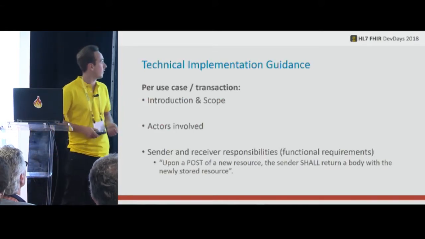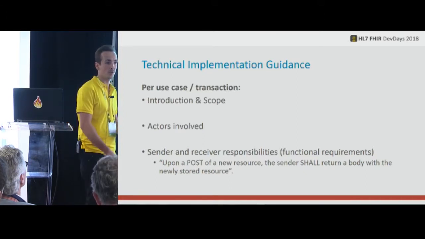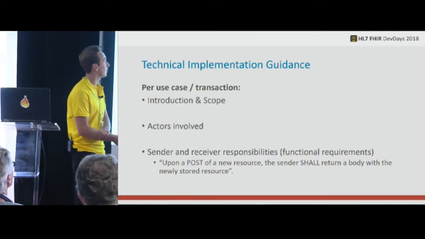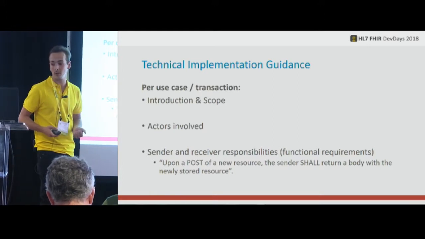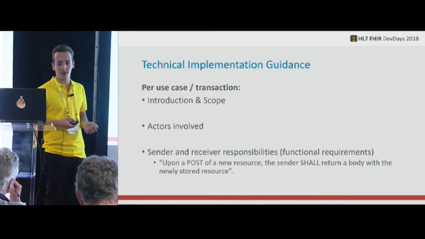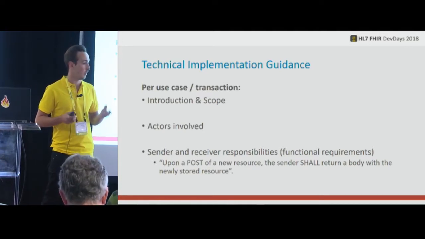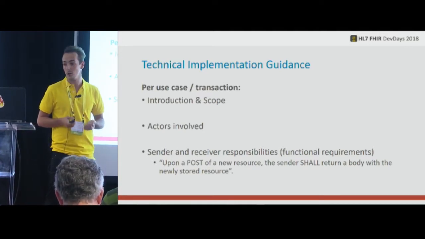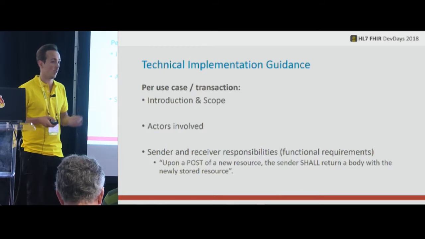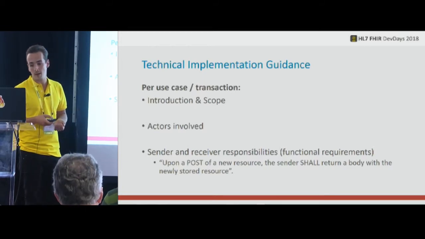The next section is where it gets fiery again, because here you will provide the technical implementation guidance, and you will do this per use case or transaction, where you have a very small introduction on the use case or transaction, and you will mention which actors are involved.